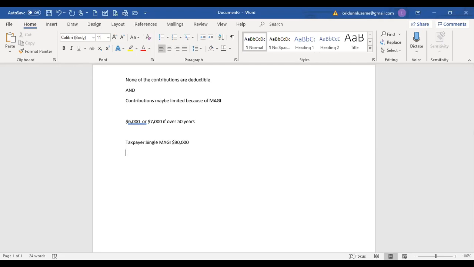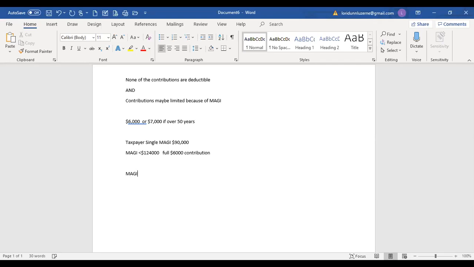It's solely based on MAGI, age, and earned income, of course, because if they don't make at least $6,000, they can't even contribute $6,000. So here, their MAGI is less than $124,000, so they get a full $6,000 contribution. Remember, none of that is deductible.